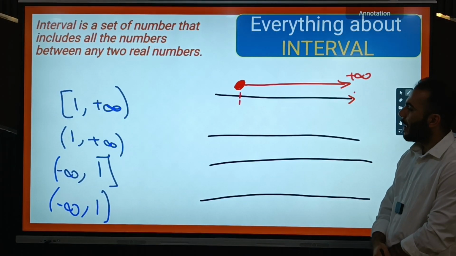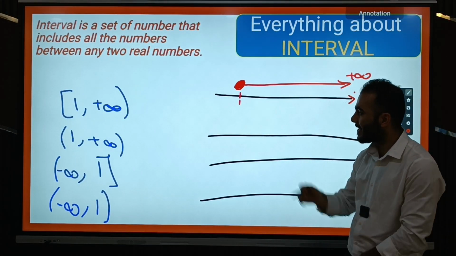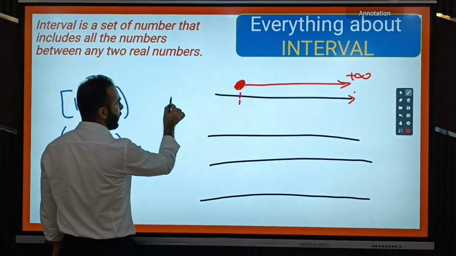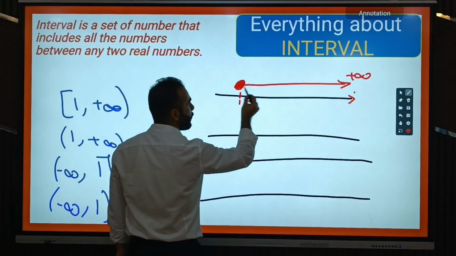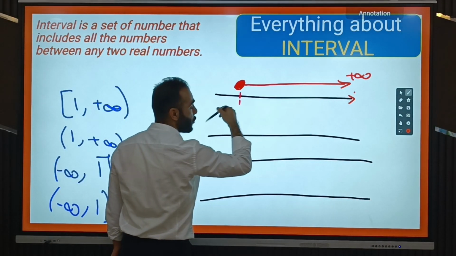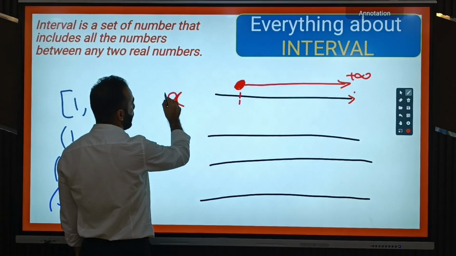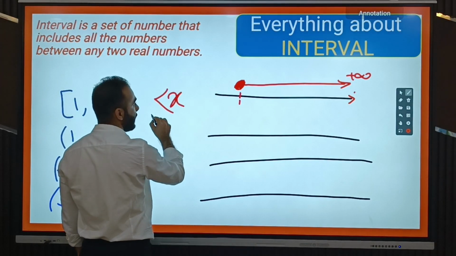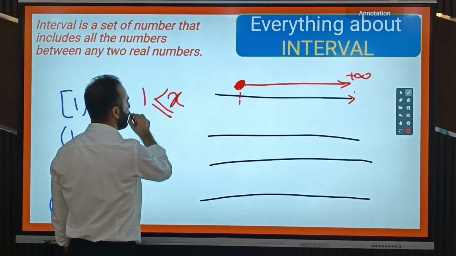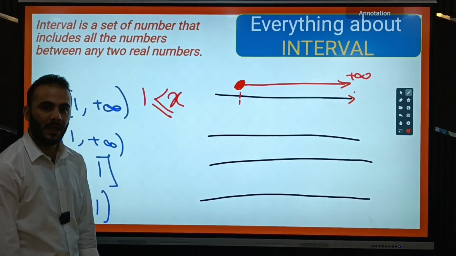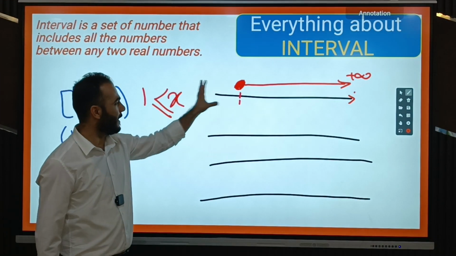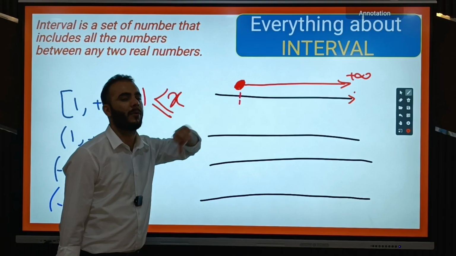Okay. And then, as an inequality, you can just show it in this way. That line shows the x. Okay, so our x's are greater than or equal to 1.